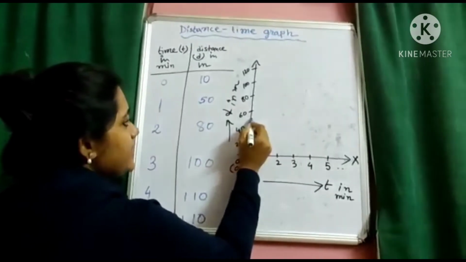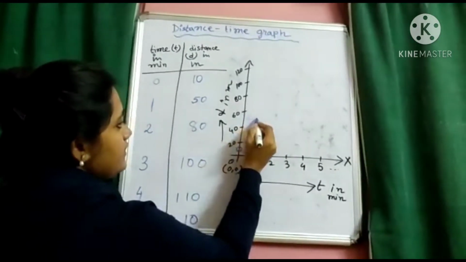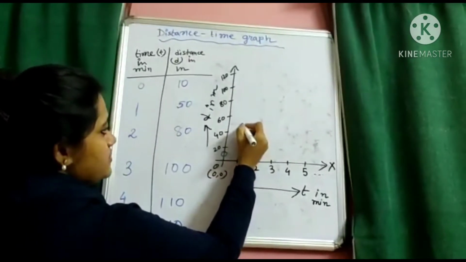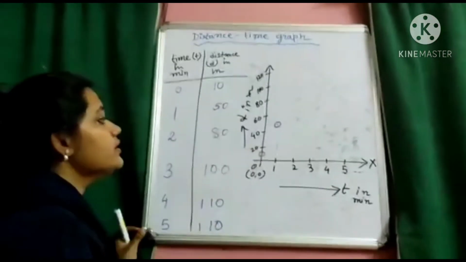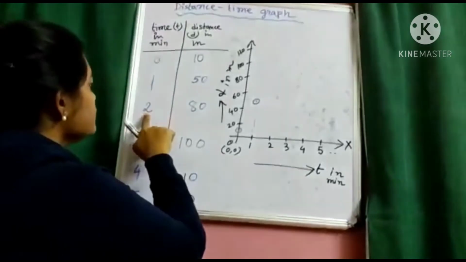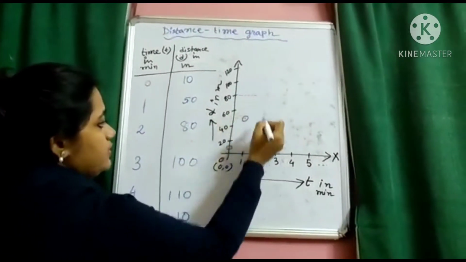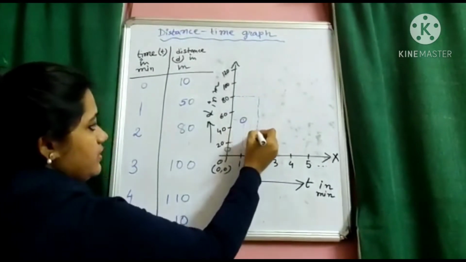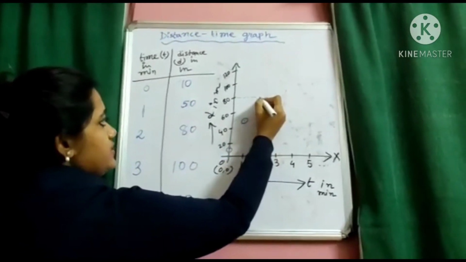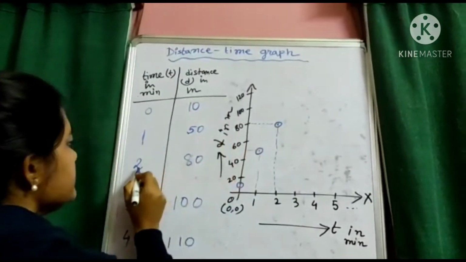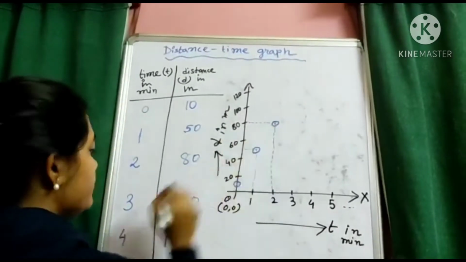So here is 40, here is 50. This one is 50. Now 2 minutes, 80 meter. This is the point.